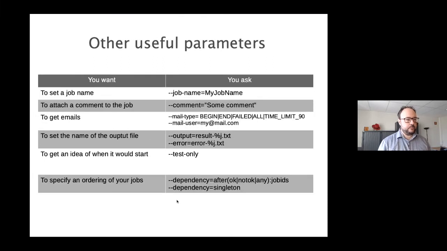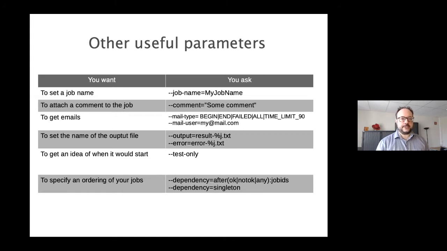There are other useful parameters. For instance, you can give your job a name. When you submit the job, you get from Slurm a job ID, which you can use to manage the job afterwards. But sometimes it's more convenient to choose a name for the job, and then you can use the job name instead of the job ID. You can also attach comments to the job for whatever purpose you might have.